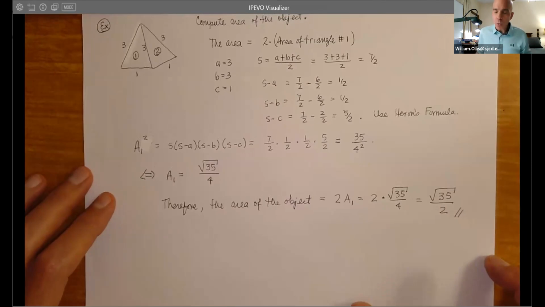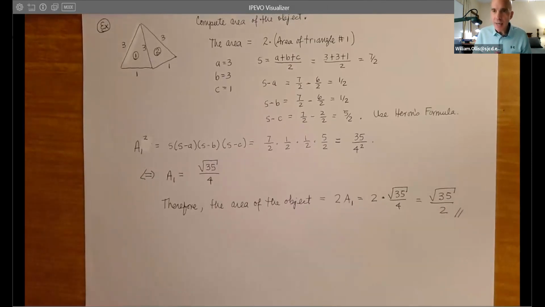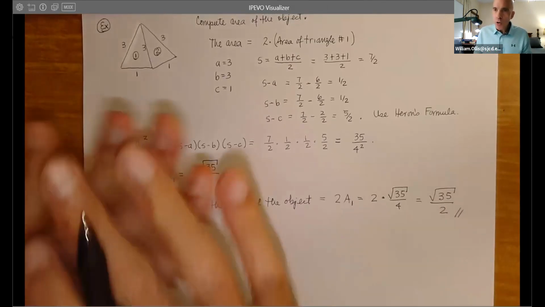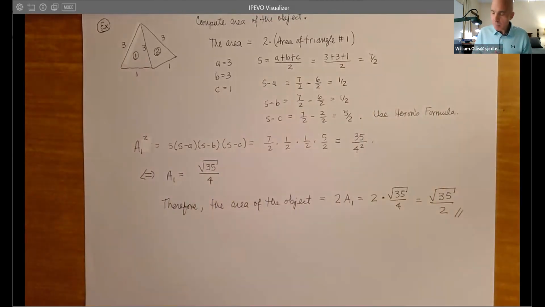So when you look at these problems, again, work them out exactly. WebAssign may say, approximate your answer with 2 decimals, okay? For instance, you have plenty of flexibility when you do mathematics.